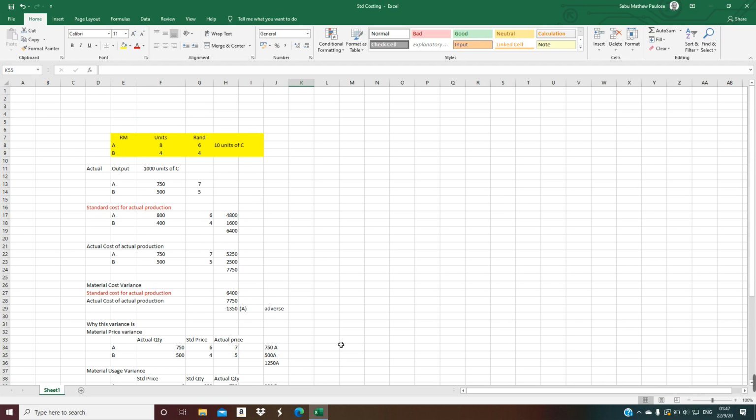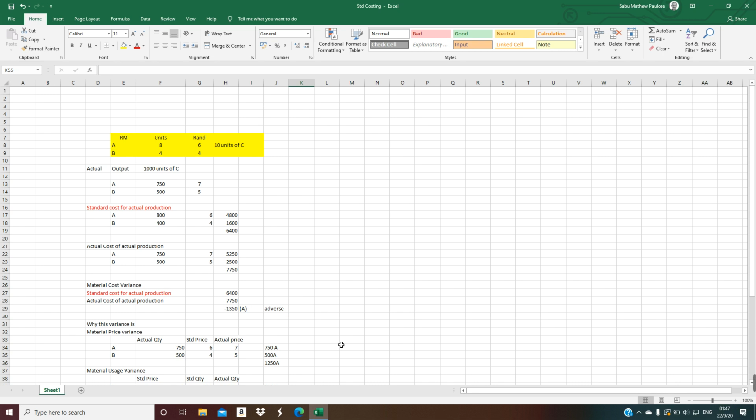Here, two raw materials A and B are used to produce C. 8 units of A at the rate of 6 rand, 4 units of B at the rate of 4 rand.